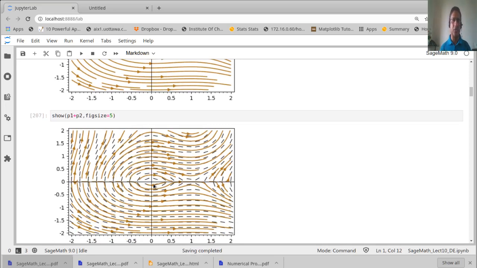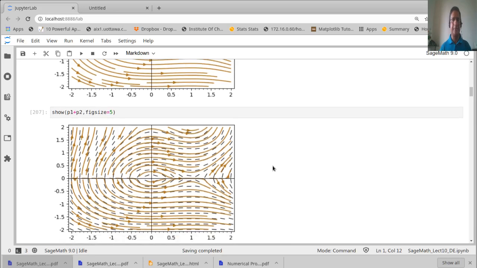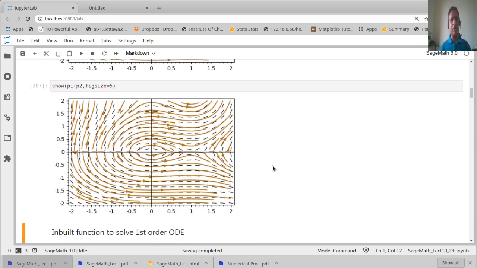For example, if I look at this particular curve, at x equal to 0, y is equal to 1. So if I try to solve this differential equation with initial value x equal to 0, y equal to 1, this is the curve you should get. We will verify this in a minute. Let us look at how we are going to solve this in Sage.